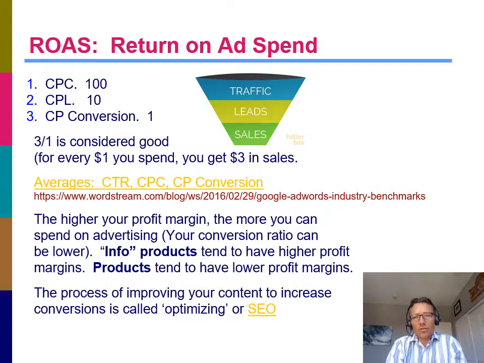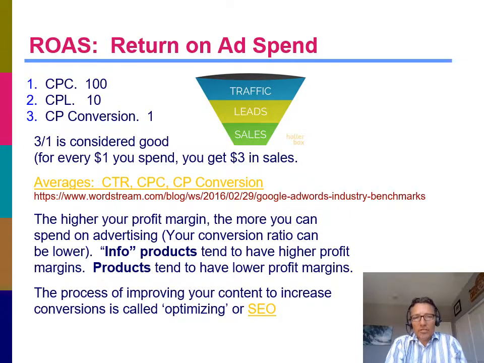So out of those 100 clicks, we spent $100 on getting clicks, traffic, and then we generated 10 leads out of that. So in this case, our cost per lead is $10. So we spent $100 and we got 10 leads. So $100 divided by 10 is $10 per lead. Does that make sense?